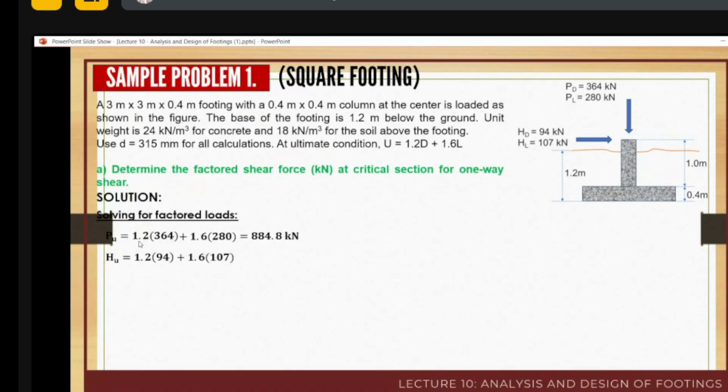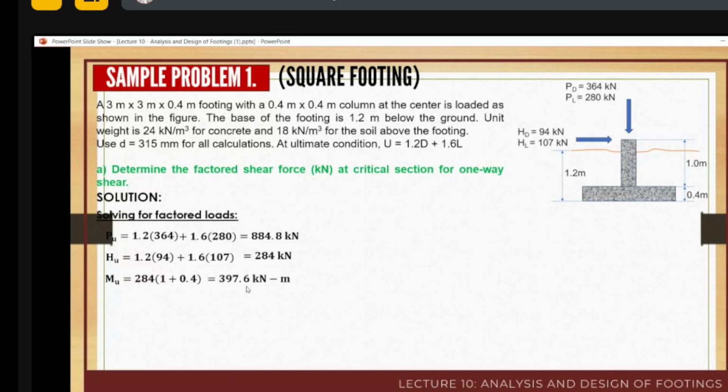For the vertical, PU is equal to 884.8 kilonewton using the load combination 1.2 and 1.6. So you have PU of 884.8, and 284 for the horizontal.